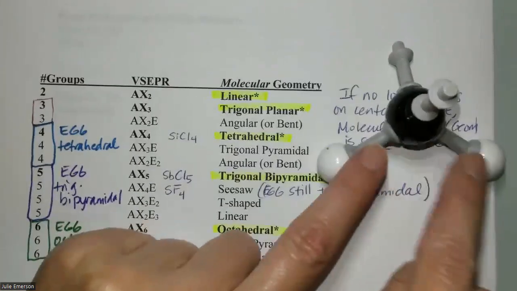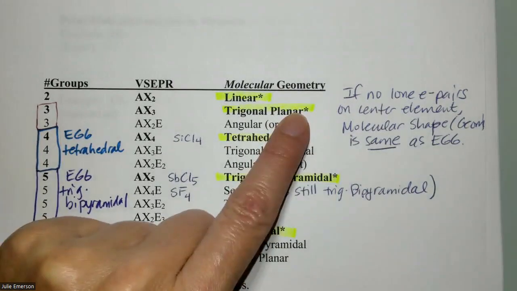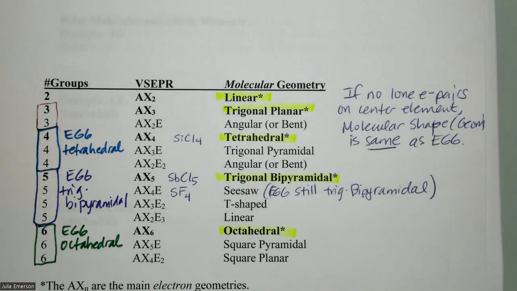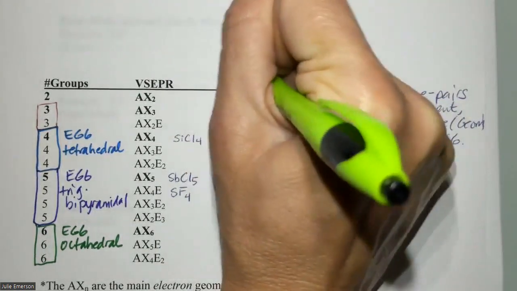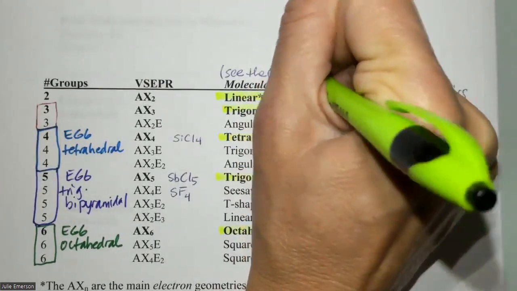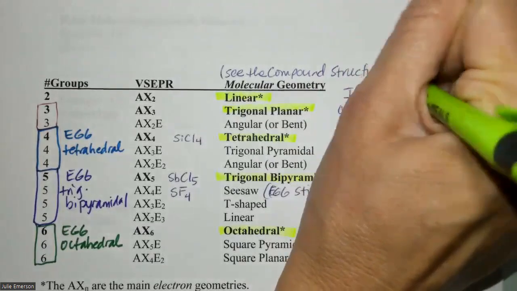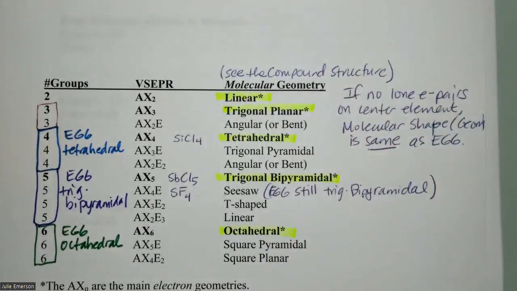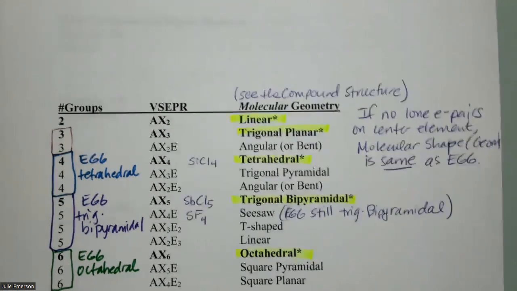So the shape of water is a bent molecule. This is what you would actually see, the compound structure. The electron group geometry is how many total groups there are. All right, so if I go back to one more question here to help review this.